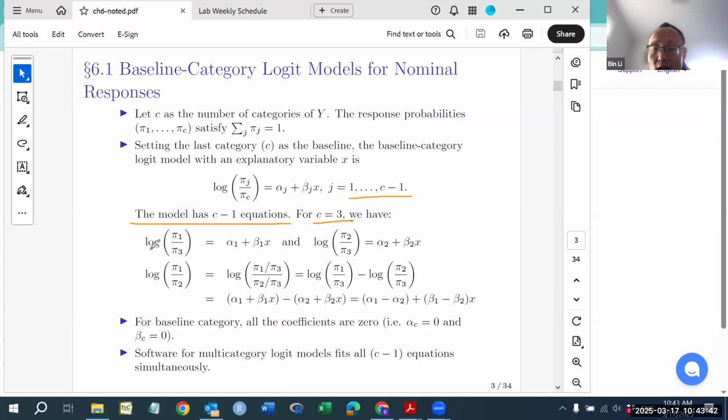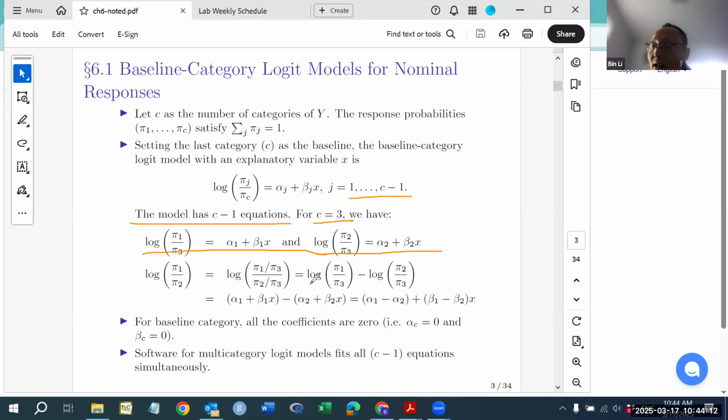The first one is the log odds between category 1 and category 3, which is alpha 1 plus beta 1 x. And equation 2 is the log odds between category 2 and category 3, equal to alpha 2 plus beta 2 x, right?